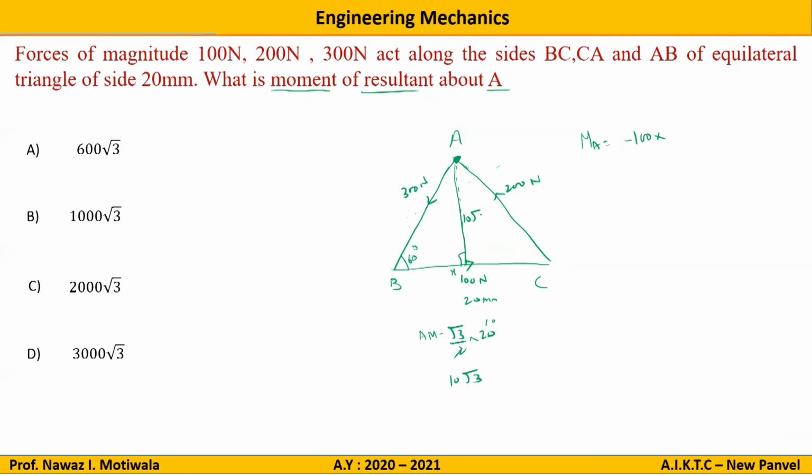So this distance is 10 root 3. So here it will be multiplied by 10 root 3. So finally I will get MA equal to 1000 root 3. See how simple it is. Only 2 lines and we get the answer if you know the concepts properly. So the answer is B, 1000 root 3.